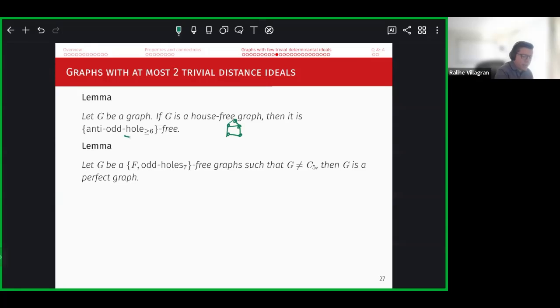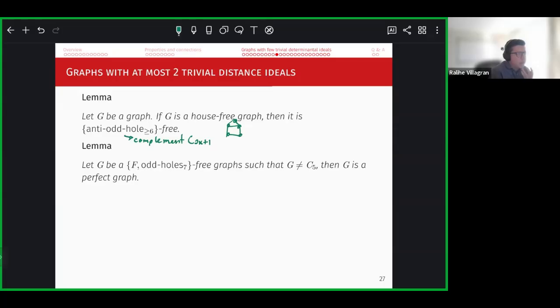That means the complement of cycles of odd length. That's easy to see. And so we think about more lemmas, like if a graph is free of odd holes of order 7 or more, and it's different than the cycle, then G has to be a perfect graph.